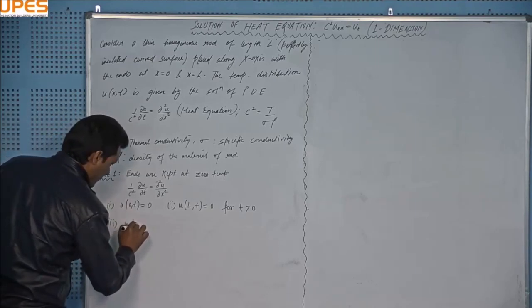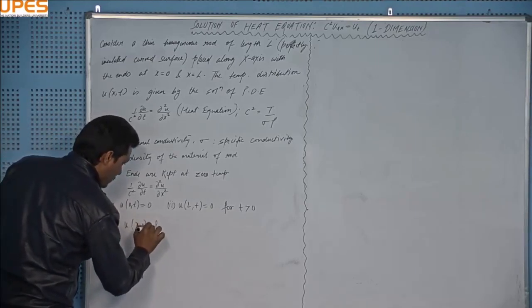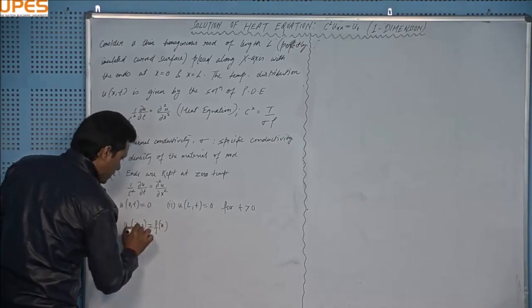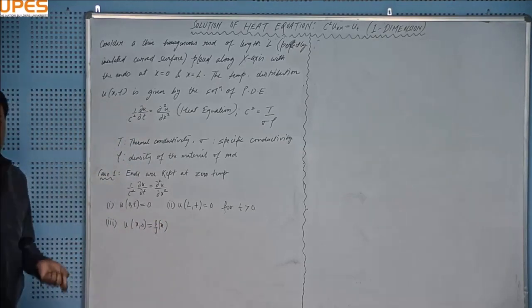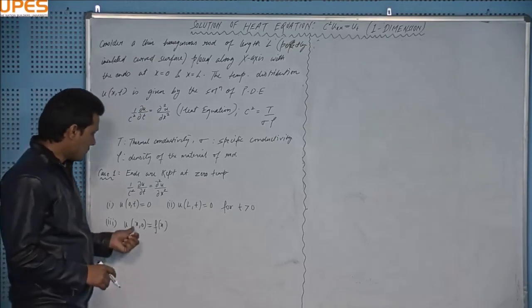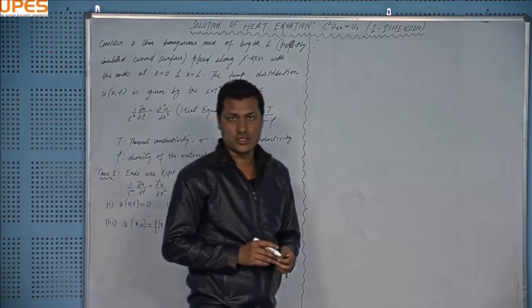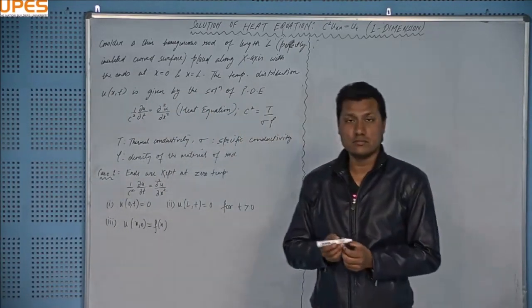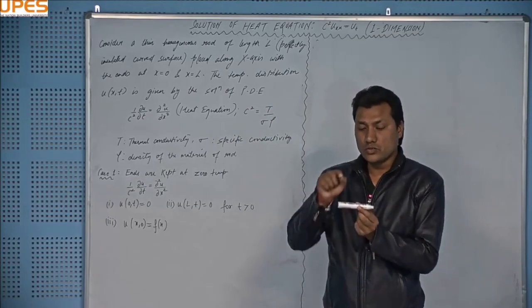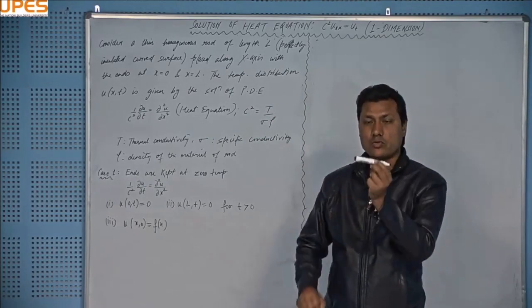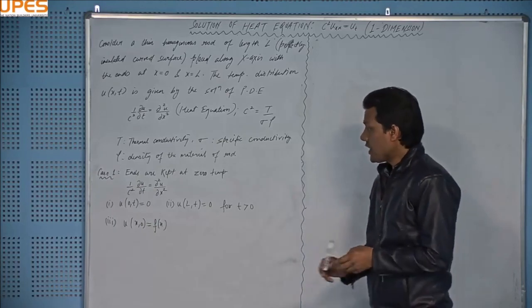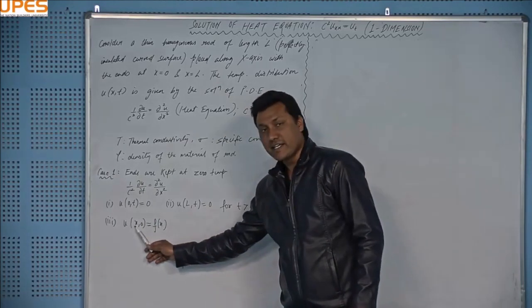u(x, 0) equal to f(x). It indicates that at the initial time when t is equal to 0, the rod has some temperature on it. As I said earlier, you need some temperature in order to allow the flow of heat throughout the length of the rod, right? So you have some initial temperature that depends on x, right?